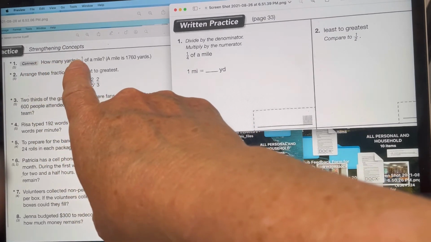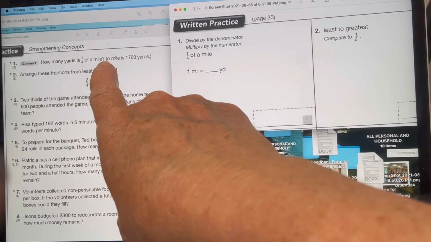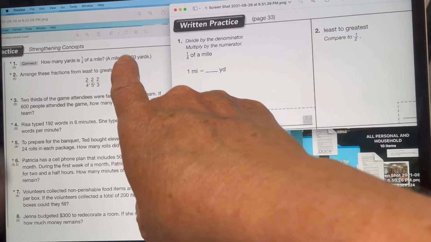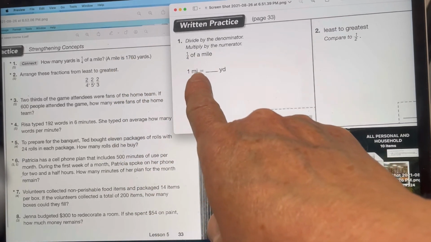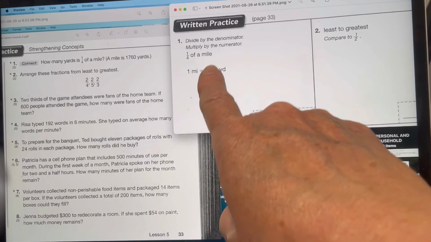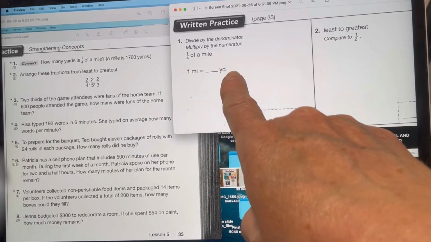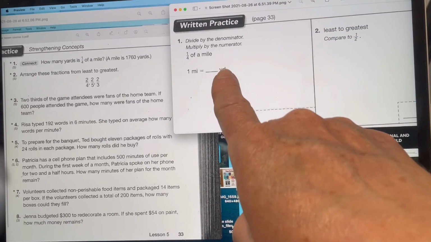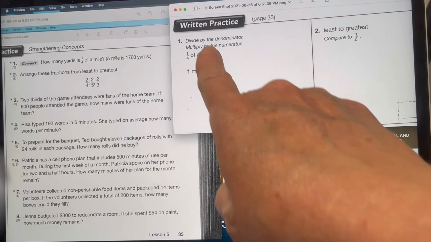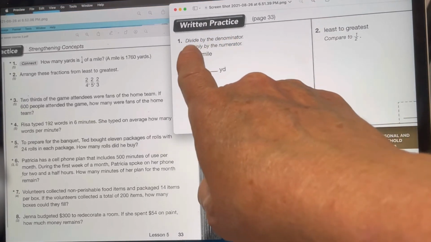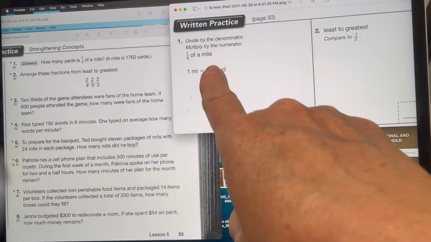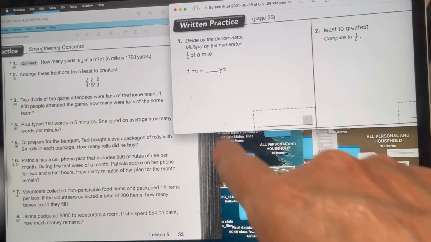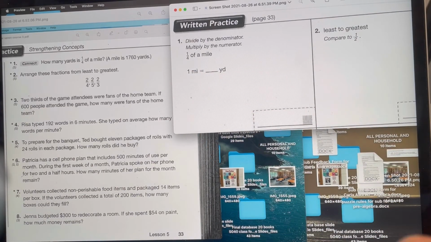How many yards is 1/4 of a mile? A mile is 1,760 yards. So right here, you're going to write a mile is 1,760 yards. So now you have enough information. Divide by the denominator, multiply by the numerator. That is your hint. If you need help, you're going to go back and look at the examples.